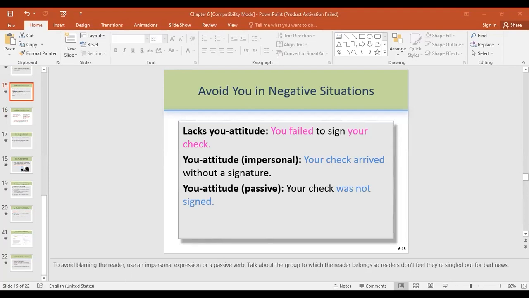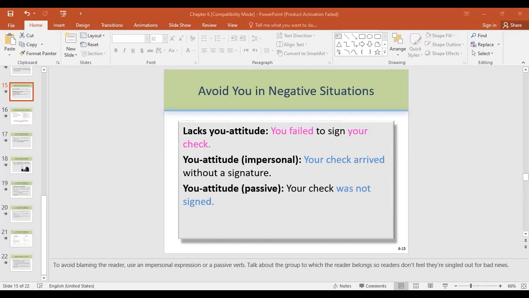So here you didn't mention any person or any people. So you omit people from the whole sentence. You are only talking about things, which in my example here is the check, arrived without a signature. I haven't said a name for anybody. I didn't mention anybody in this sentence.